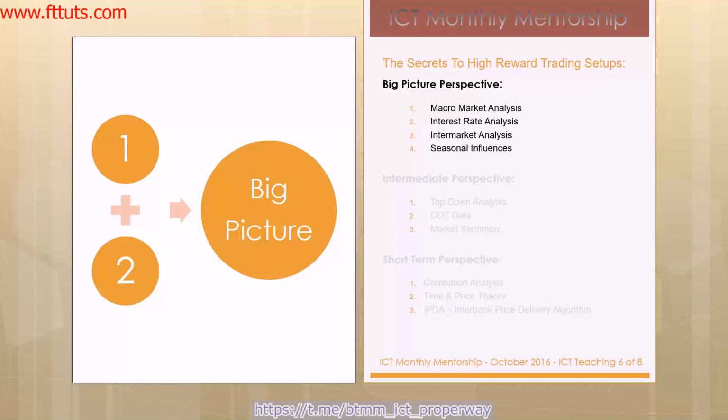When we look at the big picture perspective, okay, while there's 4 areas of study, we're going to need to primarily focus on at least 2 of these that have to come into agreement. Okay, what I mean by that is our macro analysis, our interest rate analysis, our intermarket analysis, and seasonal influences. All 4 of these do not have to agree. Okay, but you do need to have 2 of these components to arrive at your big picture perspective.